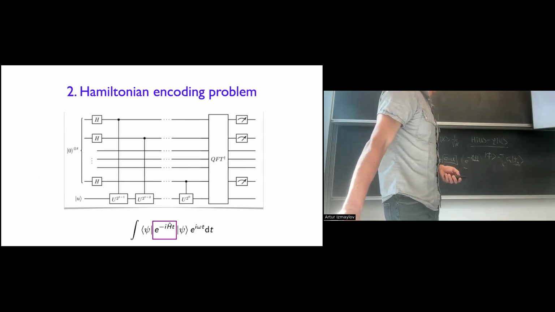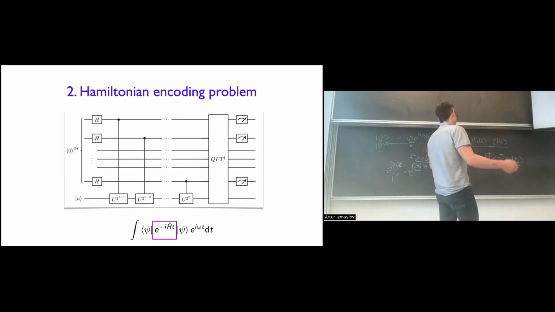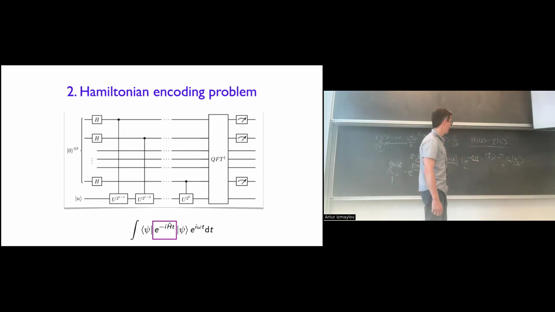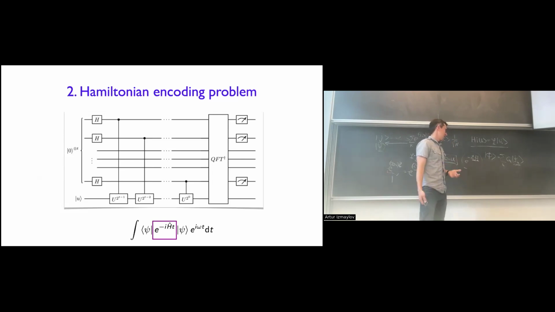Good. Now, once we discuss how to do the shift, there is still a problem of how we really make the exponential function of the Hamiltonian. It's not like you could say, all right, quantum computer, here's my Hamiltonian, prepare the sequence of gates that will encode the controlled unitary that has the Hamiltonian as a generator.